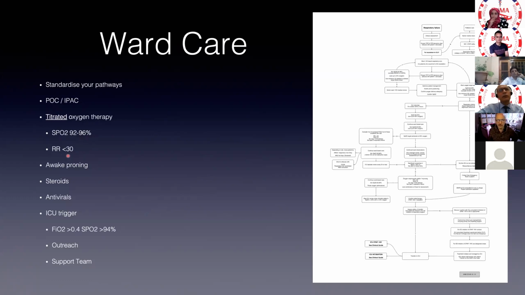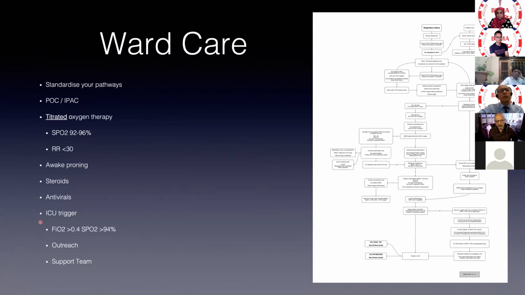As long as patients stay within those parameters, we will keep them on a ward area. We are very aggressive in pushing awake proning, which I'll talk about shortly. We also start all of these patients on oral dexamethasone. My medical colleagues are still giving remdesivir to patients before they come to ITU, though we stop that when they get to ITU because of lack of evidence in that patient group.